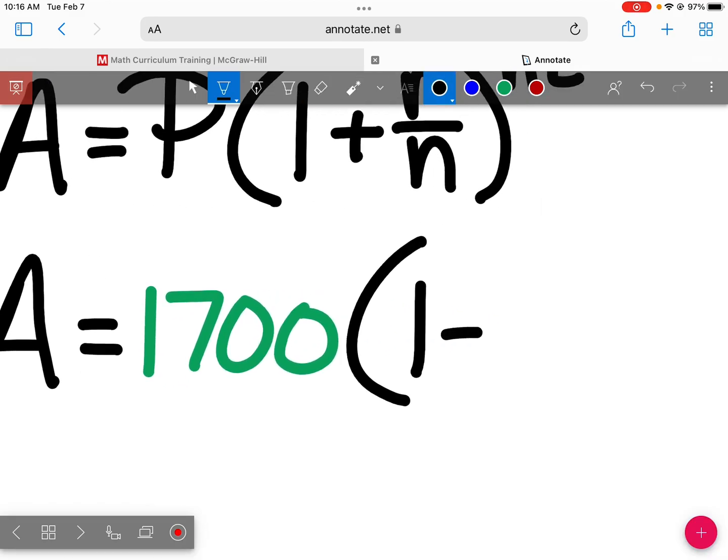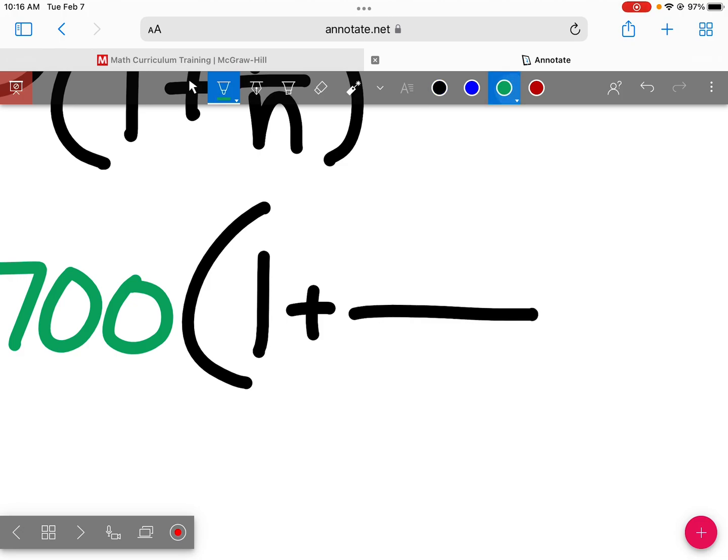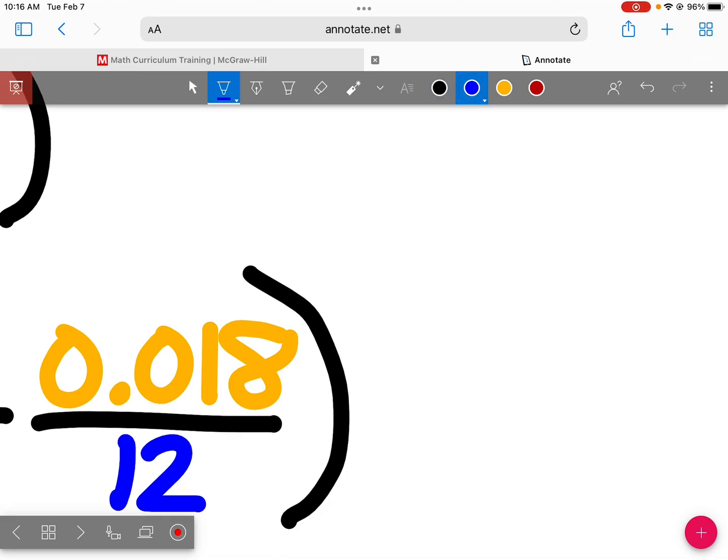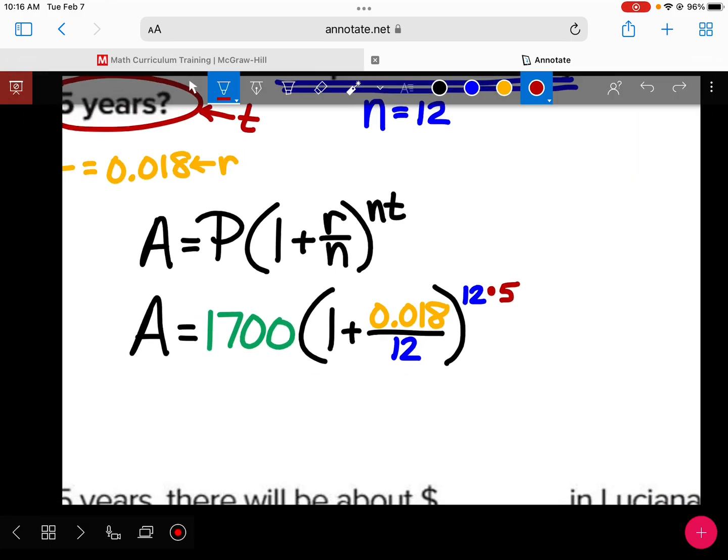In the parentheses, 1 plus, what are we putting in for R? 0.018 over what? Over 12. Close my parentheses, and then the exponent is going to have what in it? Yes, so what numbers do I need to put up here? 12 and 5, and what are we going to do with the 12 and the 5? Multiply them. Before I pop that in my calculator, what is 12 times 5?